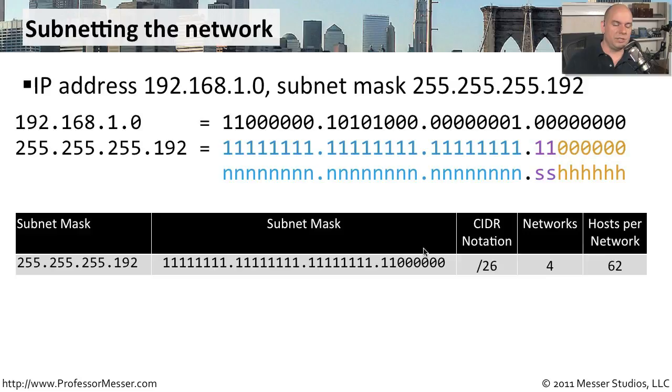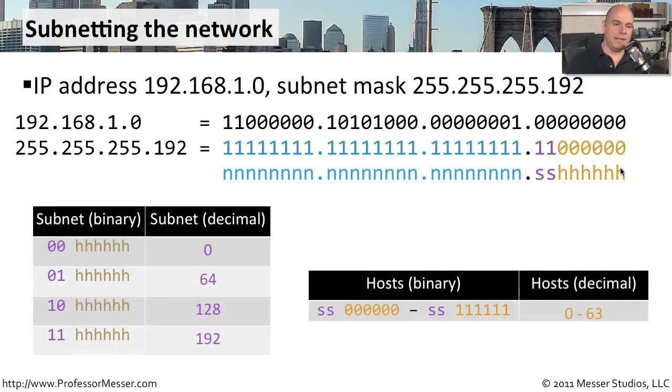And in the summary, there's the same view of that calculation we had on the previous slide with the /26 having 4 networks and 62 hosts per network. Let's now take this calculation that we've created in this last octet and figure out what the subnets might be. We're going to take a look at these 2 bits. So we'll start with 00, and we'll assume the rest of the numbers we will not be using.